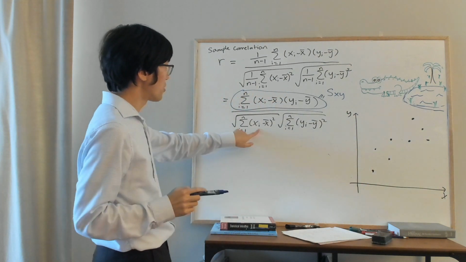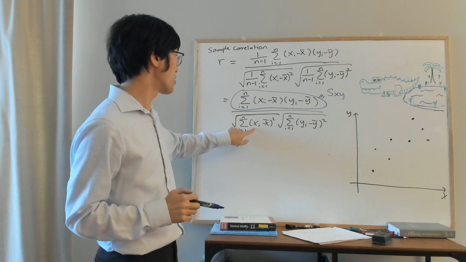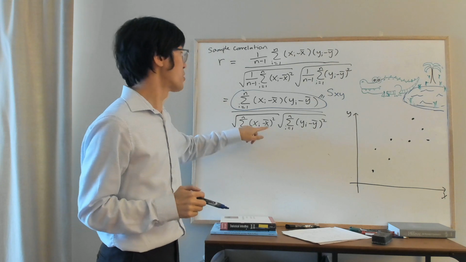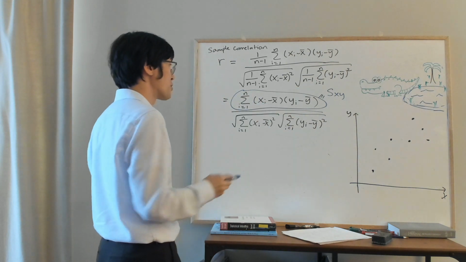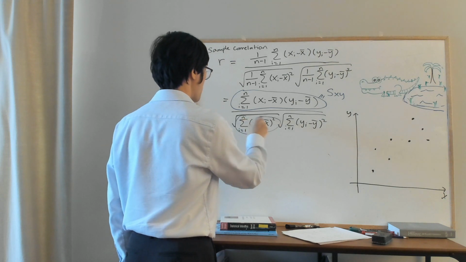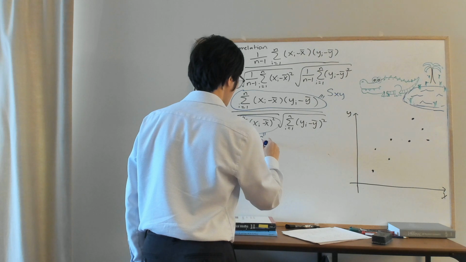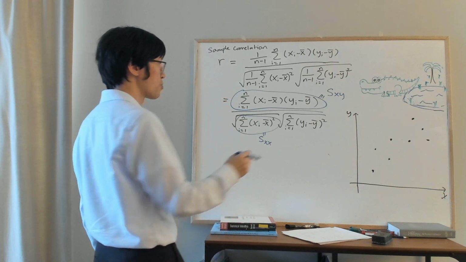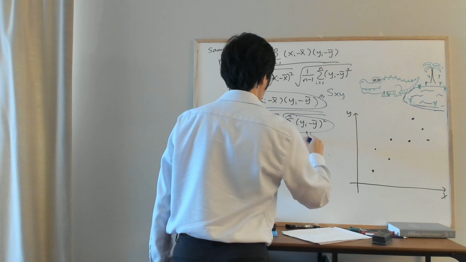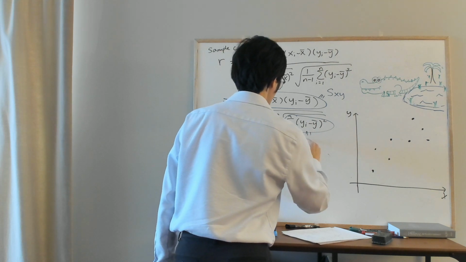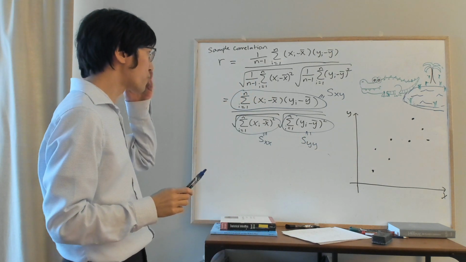On the bottom here, following the same logic, you can think of this part as xi minus x bar times itself. So we can follow similar logic to come up with a shorthand. This sum of squares on the bottom I will denote with the subscript double x, and for this one we'll similarly denote s with a double y subscript.